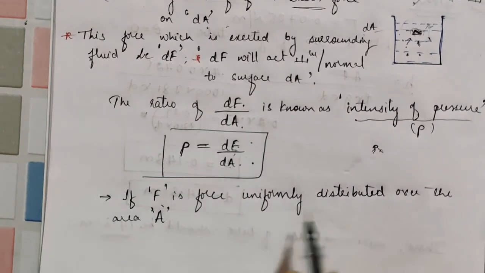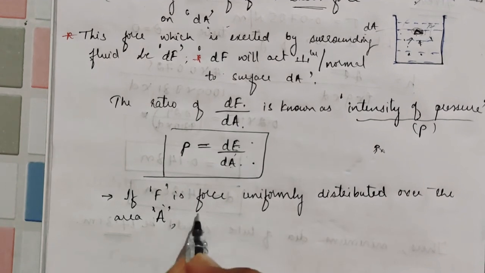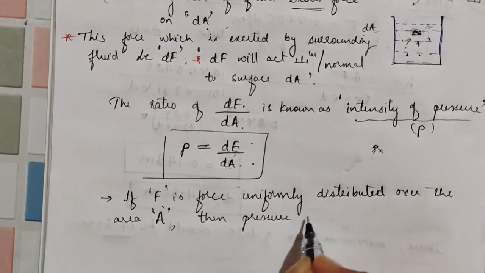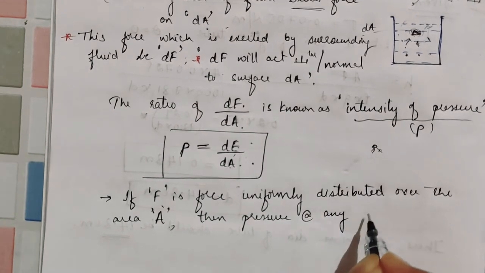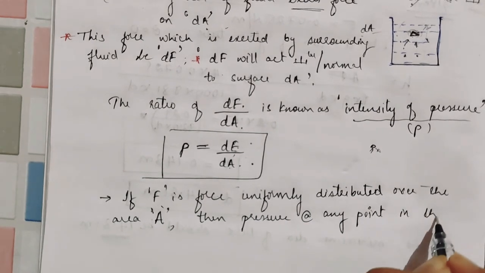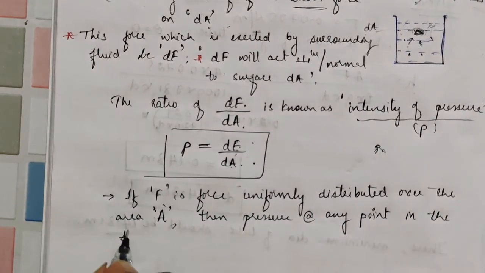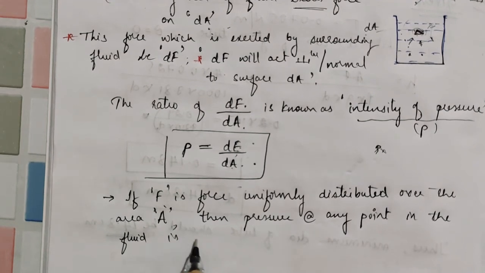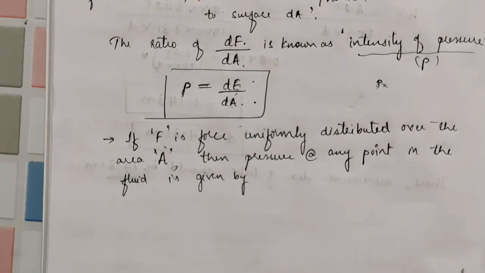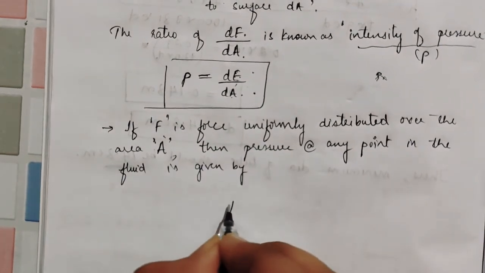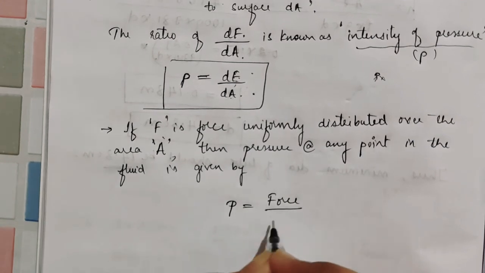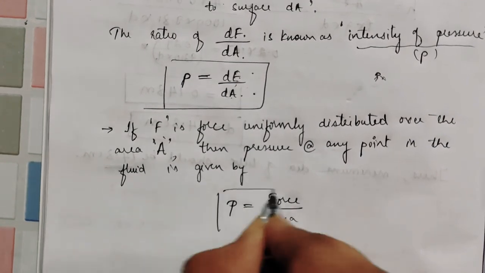So if F is the force uniformly distributed over the area A, then the pressure at any point in the liquid or fluid is given by p equals force by area.